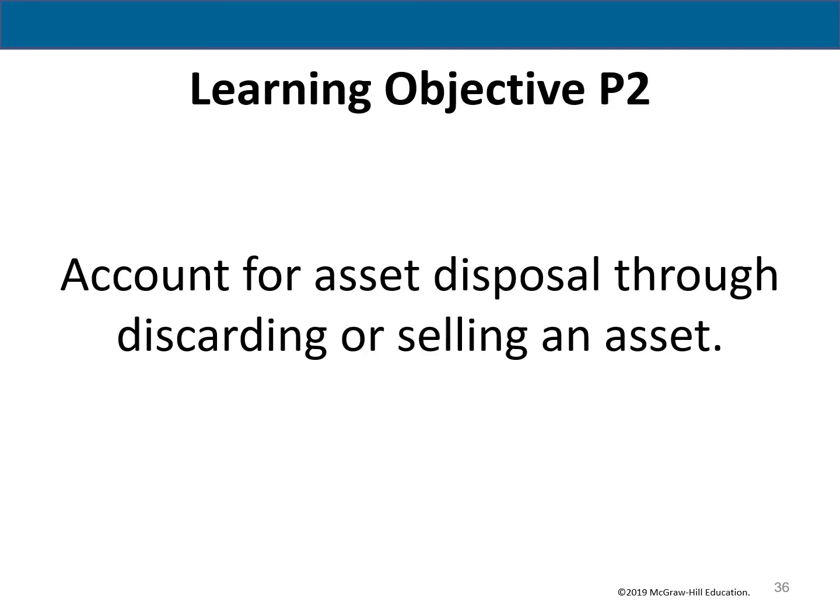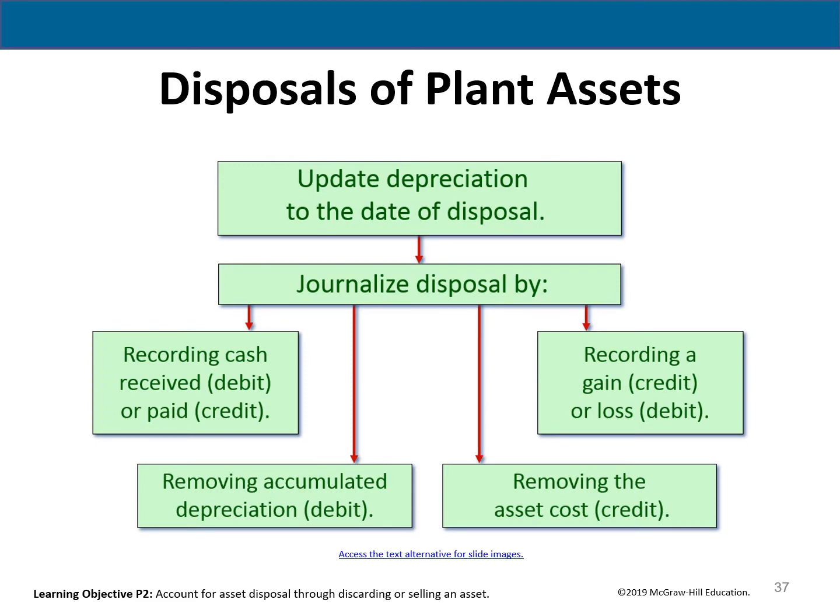The final phase of an asset's life is when we dispose of it, discard or sell it. So on the date that an asset is disposed of, so it's either sold or thrown out, we first must update depreciation from the last day we recorded it through the date of disposal.